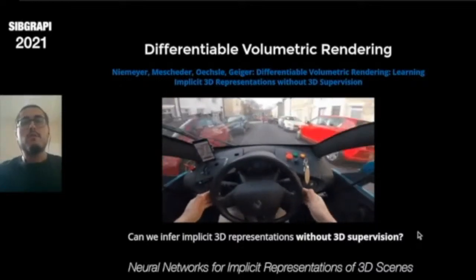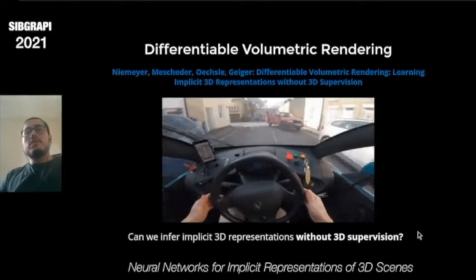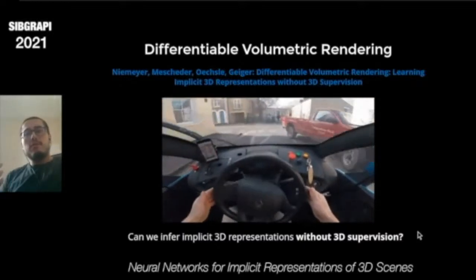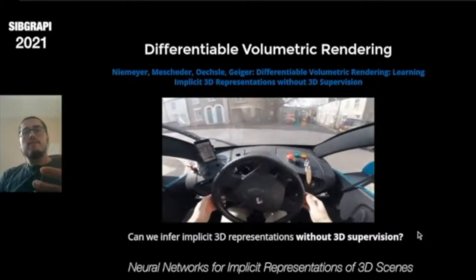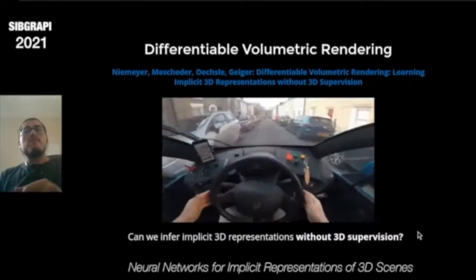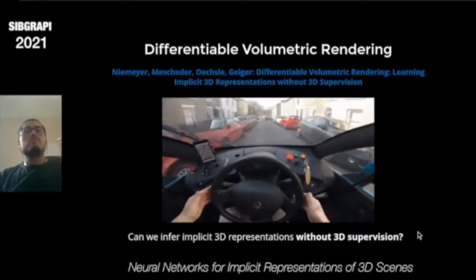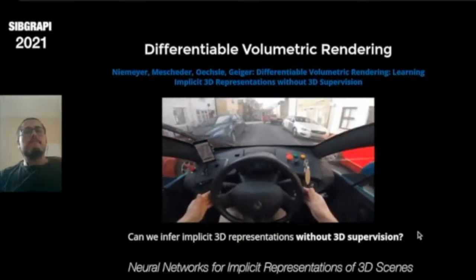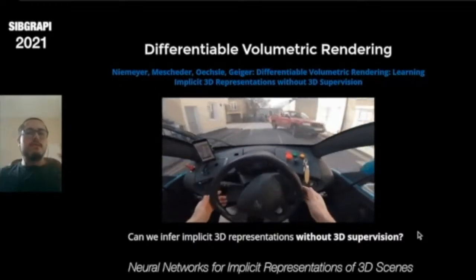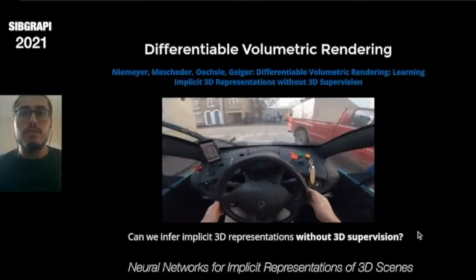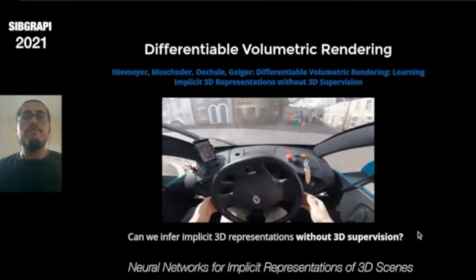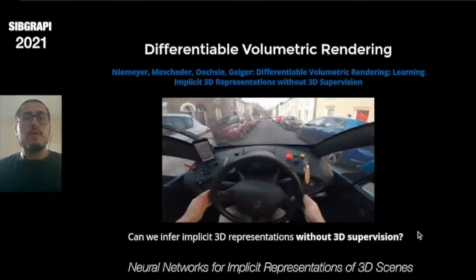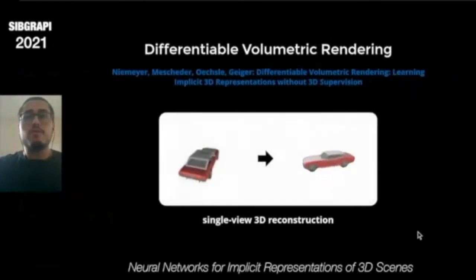You want to train in a real scenario, and you don't have 3D supervision in general. You don't have the models about real life. You just have photos, for example. So you want to learn this 3D information without the 3D supervision, only with 2D information. So that's the question they try to solve.